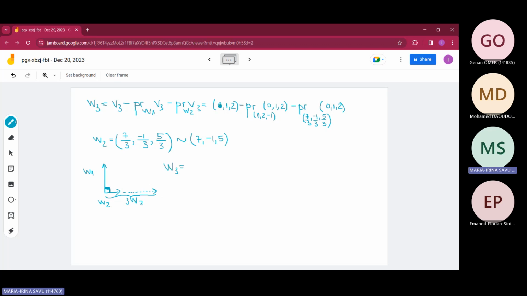So in this case, W3 will be equal to 0, 1, 2, minus the projection. Let's see how this projection looks like. We have the difference between 0, 1, 2 and the projection onto this vector, because we are going to work with this one.